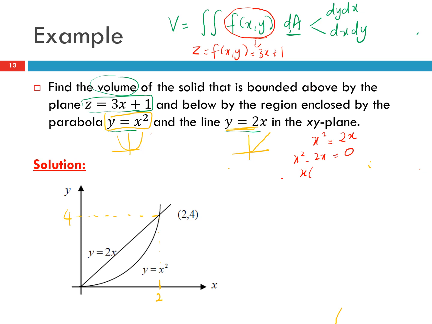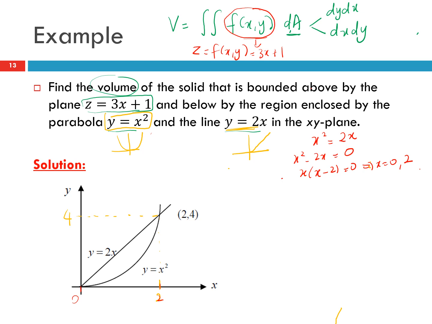Factorizing, you will have x(x minus 2) equal to 0. So this implies that x equal to 0 or 2. So that's why you have here x equal to 2, and over here is actually x equal to 0. Okay, alright. So we have the region.